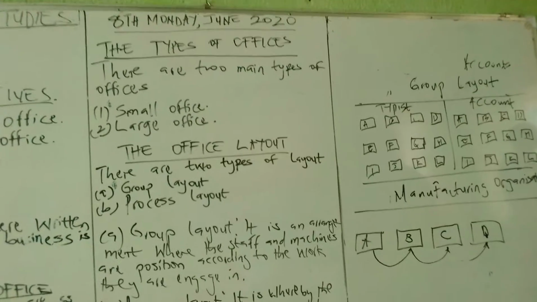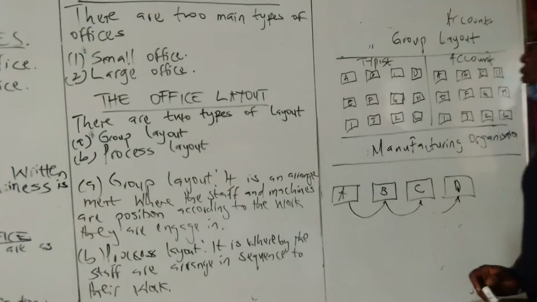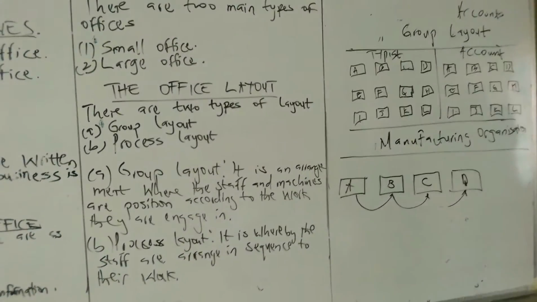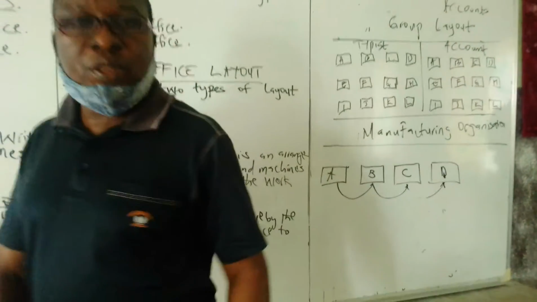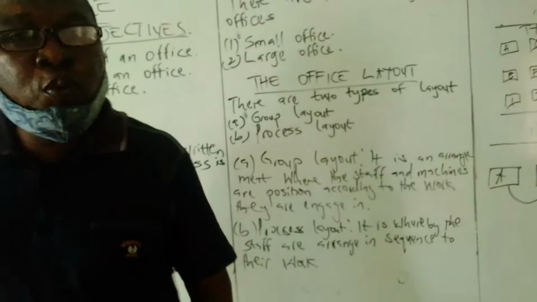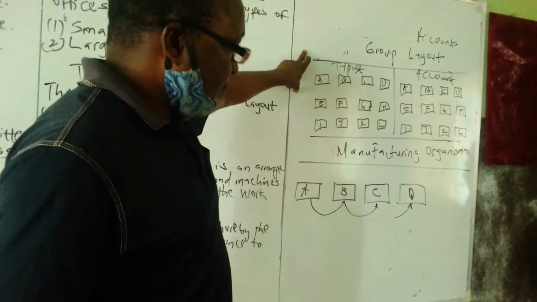Apart from these two main types of layout, we also have what we know as open office and closed office. In open office, you can call the group layout an open office.